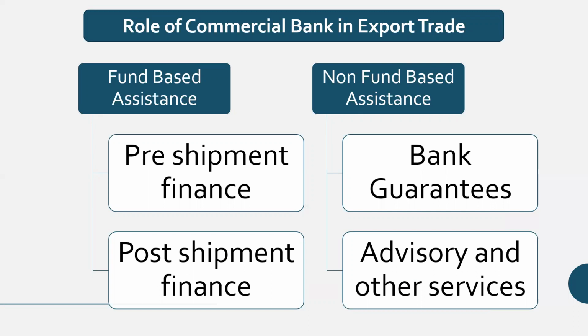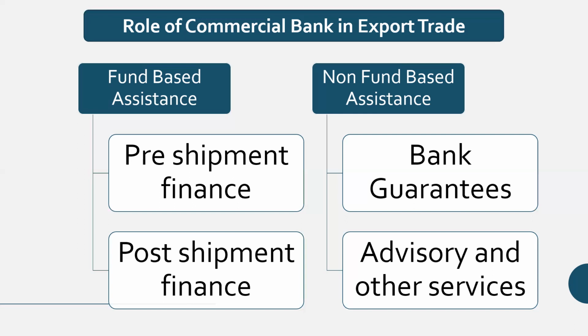Or even for that matter, we need lockers, because if you're dealing in jewelry, pearls or diamonds, you have a good amount of valuables. To keep them safe, locker services might also be needed.